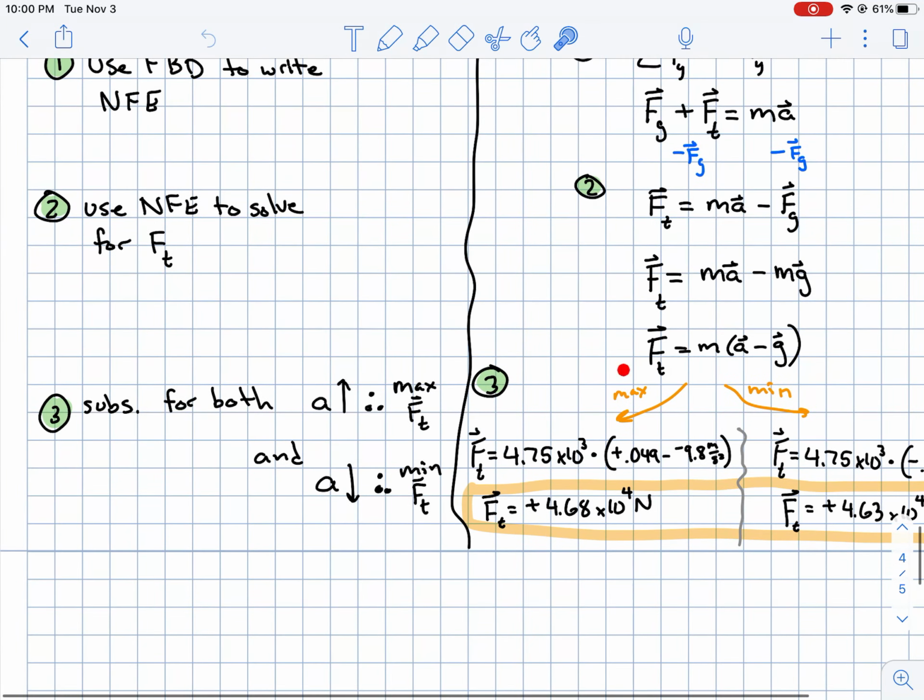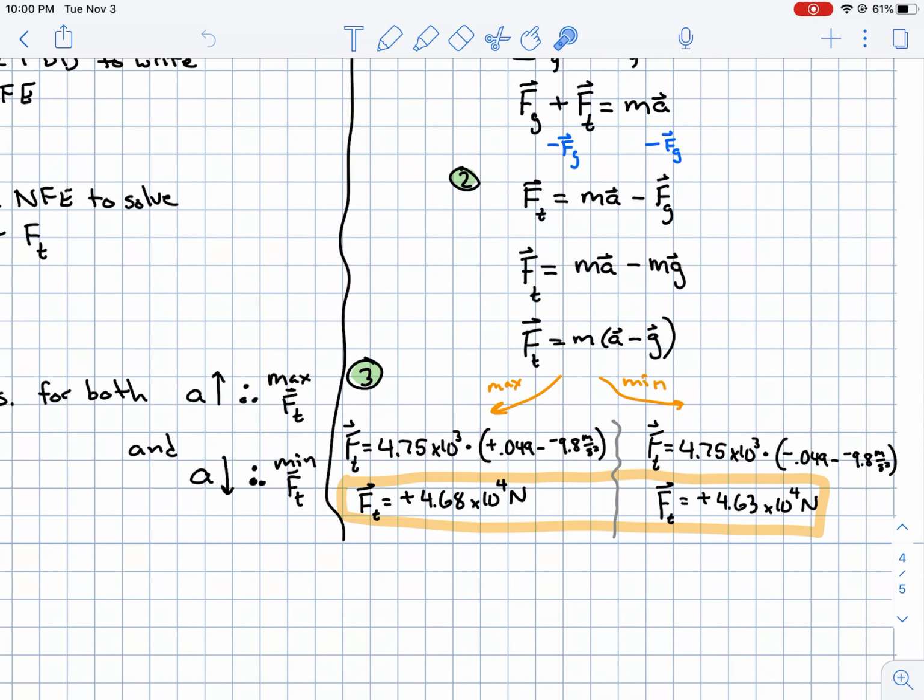As we go over here and substitute in, something to note is that acceleration, remember, is a vector. When it's upwards, we decided to call upwards positive, so that's going to be the positive acceleration here. Likewise, over here it's a negative on this side. So it's the same value, just a different direction in those cases.